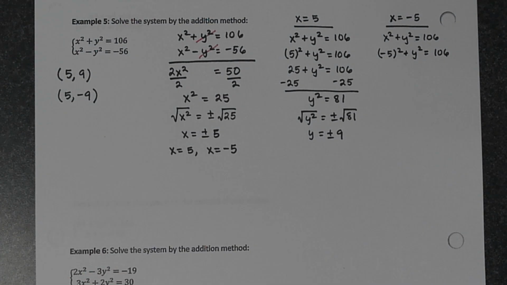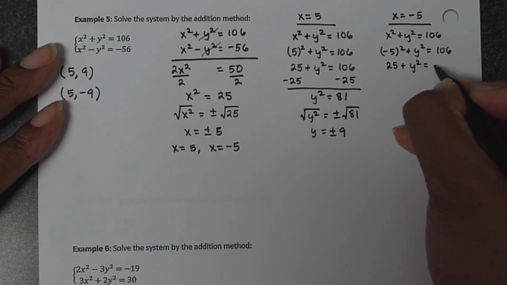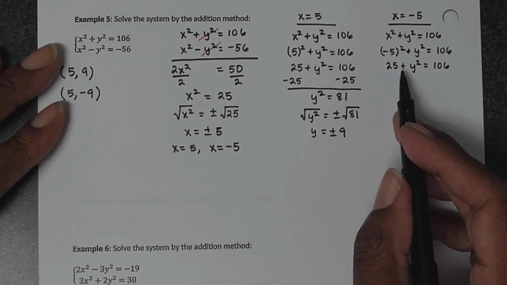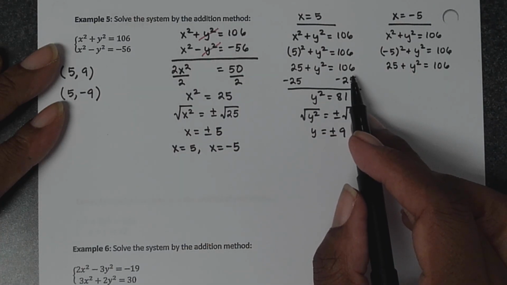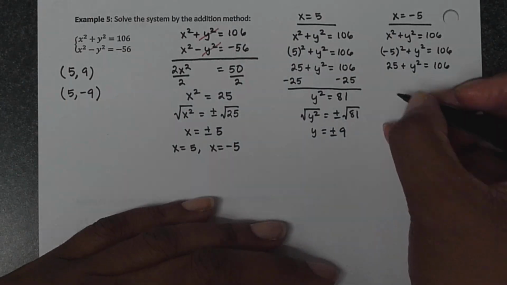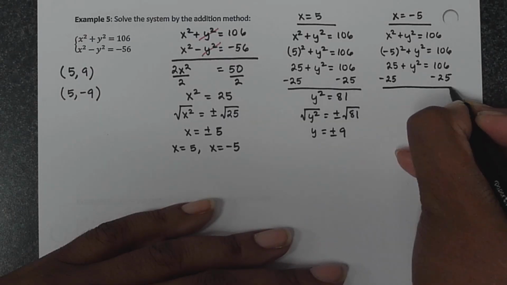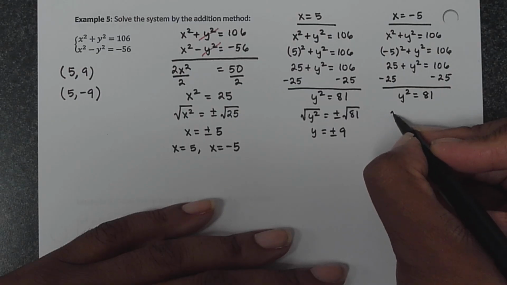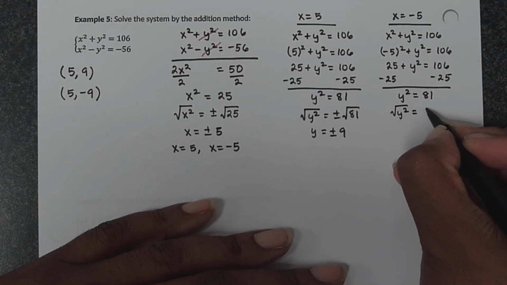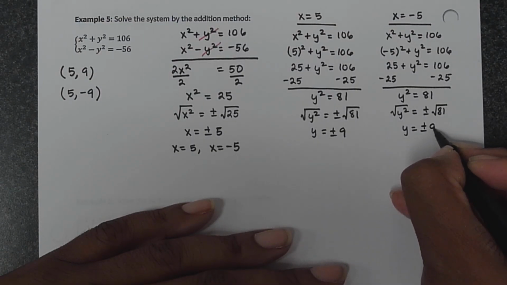Now notice when you square negative 5, that's negative 5 times negative 5, that's 25, plus y squared is equal to 106, which is the same thing as when I replaced the x with positive 5. I'm going to end up getting the same y value here, and I'll verify that by subtracting 25 on both sides. You'll get y squared is equal to 81. Square root both sides and include the plus or minus symbol. You'll get y is equal to plus or minus 9.